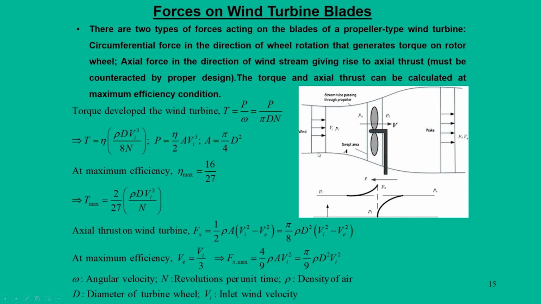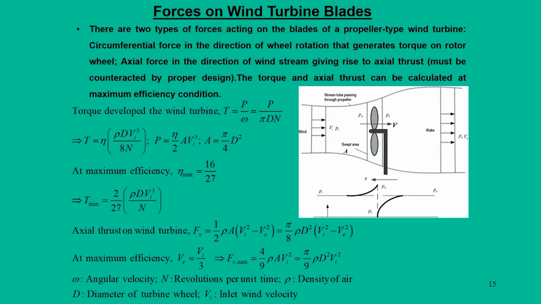The next important analysis that we are going to discuss in the same wind power philosophy is the analysis of forces. In a propeller type wind turbine, there are two forces that act. One is the circumferential force, which is in the direction of wheel rotation, and it generates the torque for the rotor, for which electric power generation is possible.